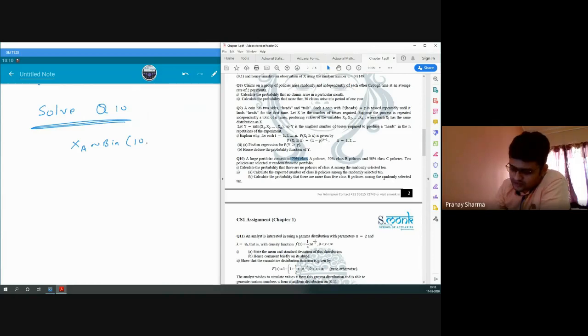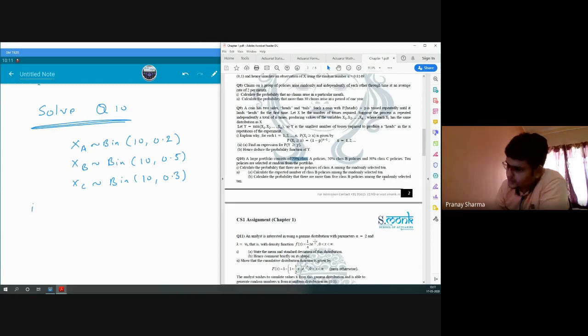So n becomes 10 and the probability of success for A becomes 0.2. Same way, if I am considering B, I can say XB follows a binomial distribution with 10 comma 0.5, and XC follows binomial 10 comma 0.3.